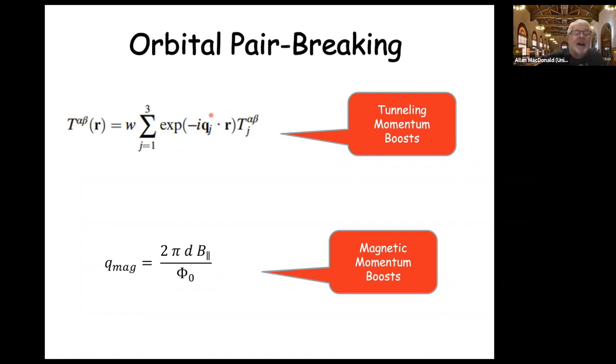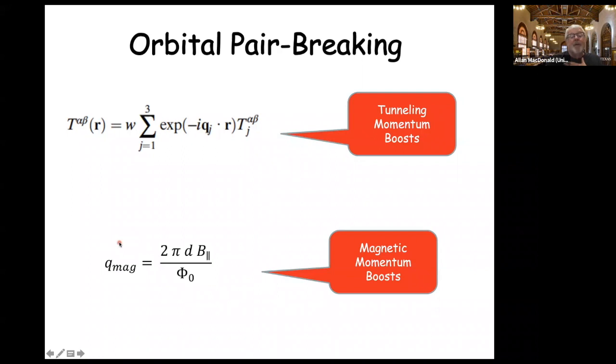So the interlayer tunneling, in the absence of a magnetic field, is a time reversal invariant contribution to the Hamiltonian.